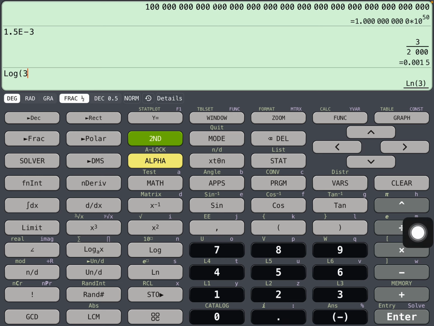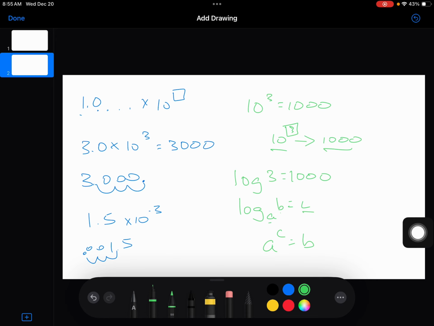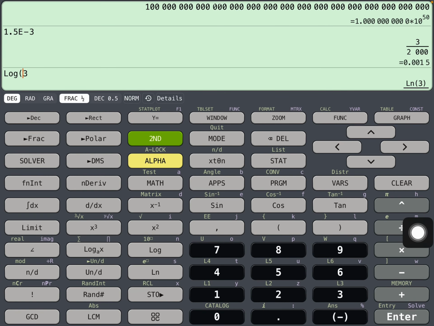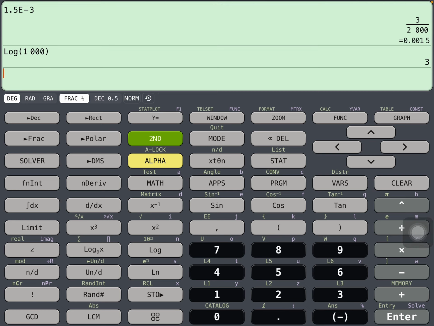I had it backwards just a moment ago. Log 1000 equals 3. Let's go back here. And we're just going to do log 1000 for simplicity's sake, and we're going to get 3.